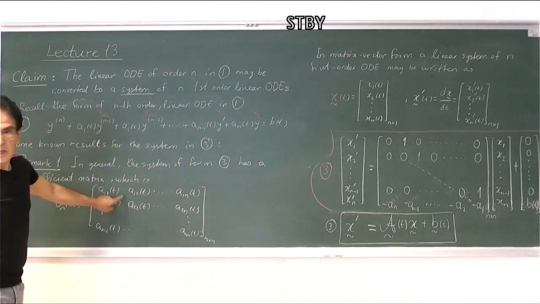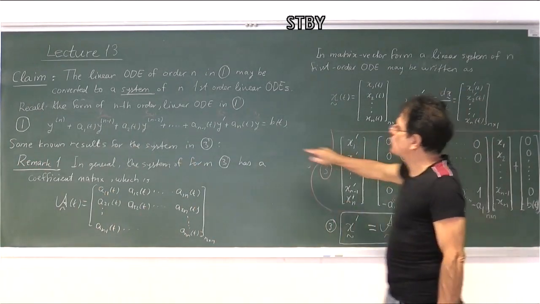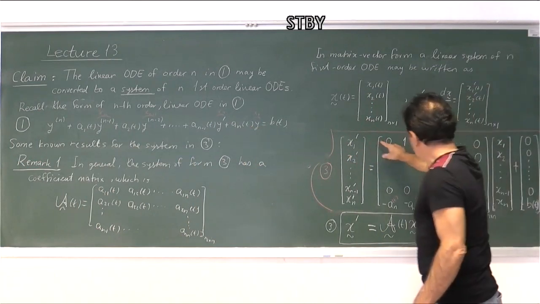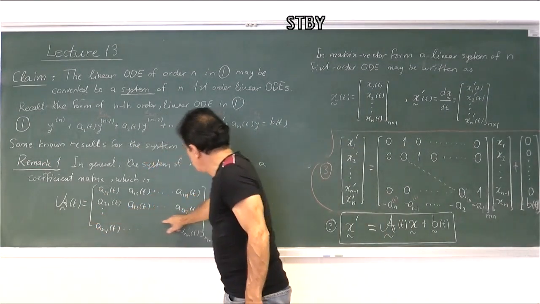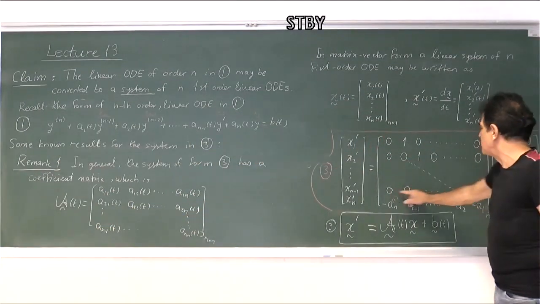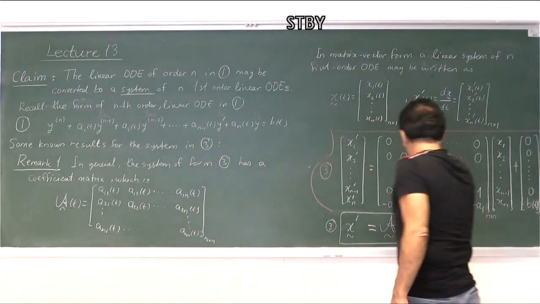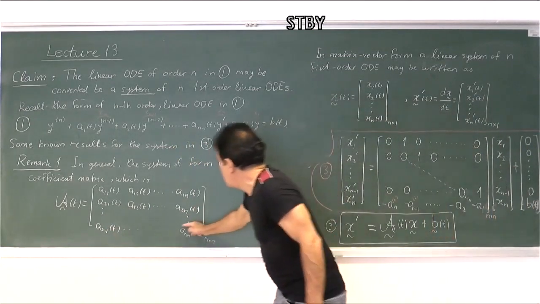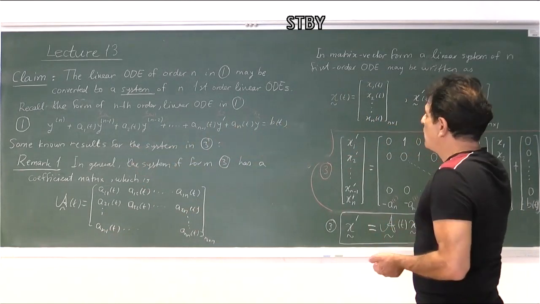In particular, the system which corresponds to a single linear n-th order ODE has a coefficient matrix whose row entries up to row n minus 1 are all constants, either 0 or 1, and the last row is minus a_n, minus a_{n-1}, up to minus a1.